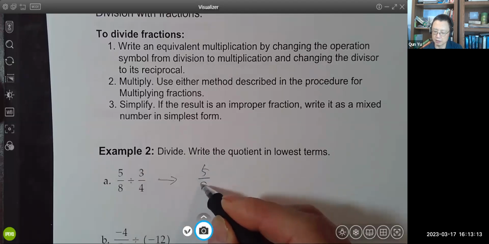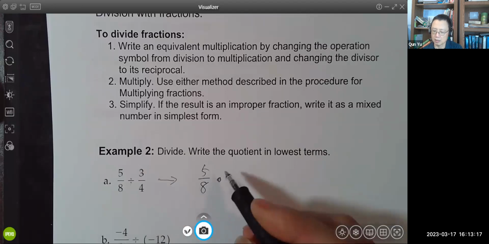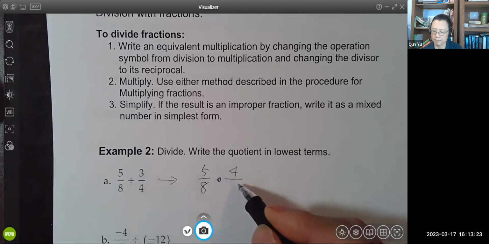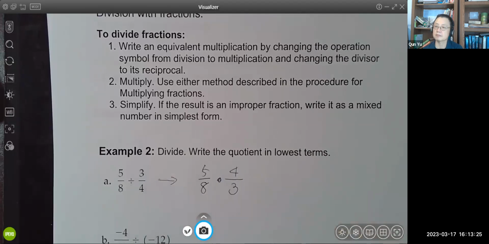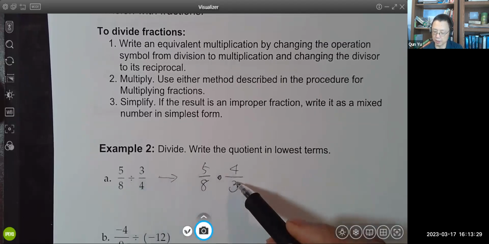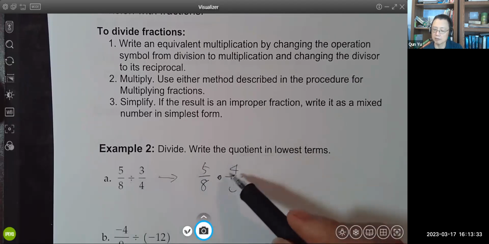So 5/8, change division to multiplication, and change the second number to its reciprocal by switching these two numbers since it's a fraction. These two are equivalent, which will give you the same result.